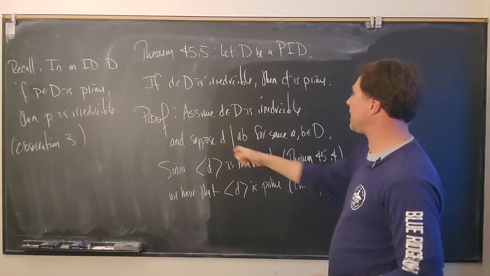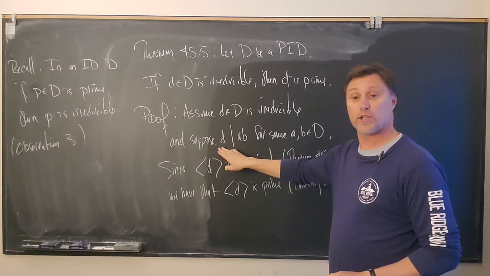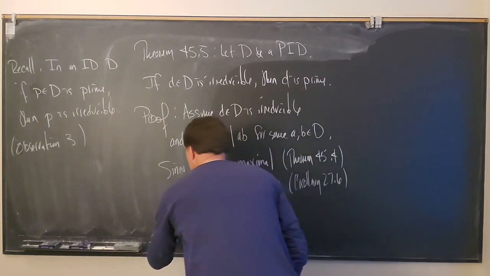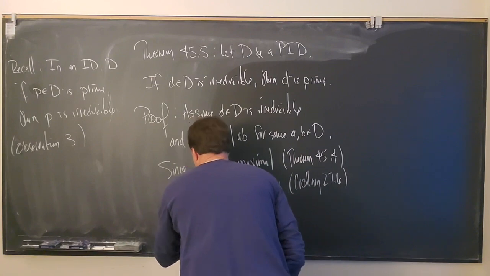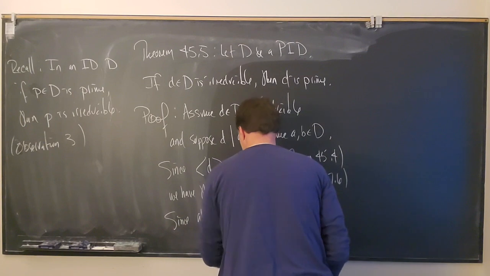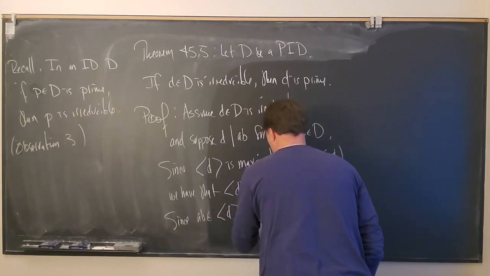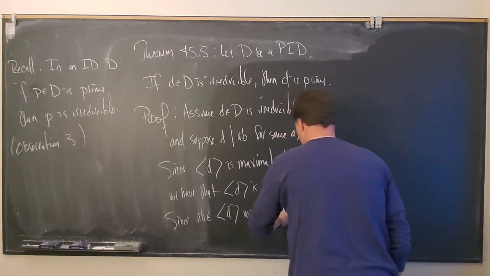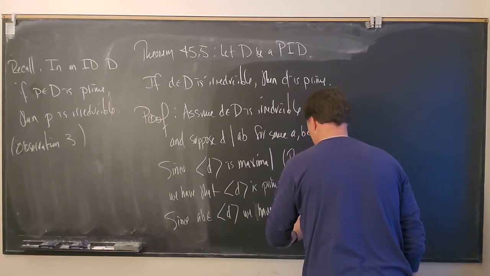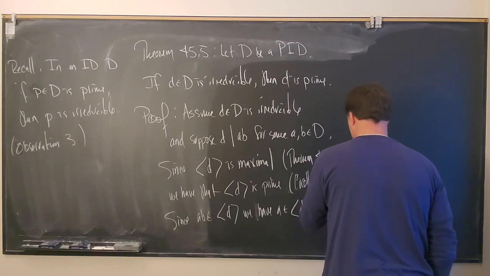Now, d divides ab. That means that ab is in the ideal generated by d. So since ab is in the ideal generated by d, we have a is an element of the ideal generated by d, or b is an element of the ideal generated by d.